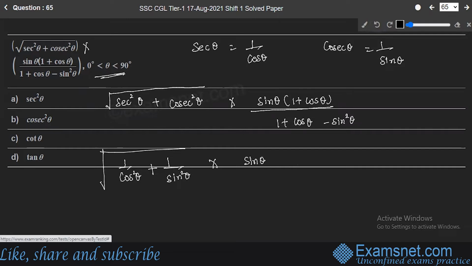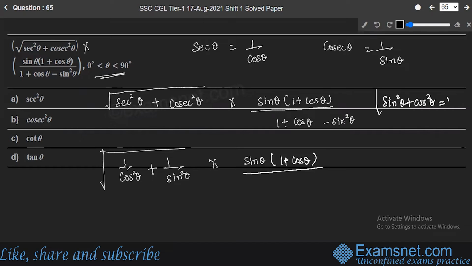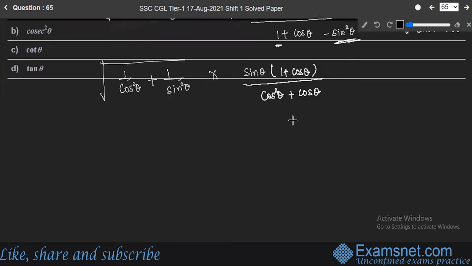So 1 minus sine square theta: there is an identity, sine square theta plus cos square theta is equal to 1. So that means 1 minus sine square theta is equal to cos square theta. So here is 1, here is minus sine square theta. This will become cos square theta plus cos theta. Correct.